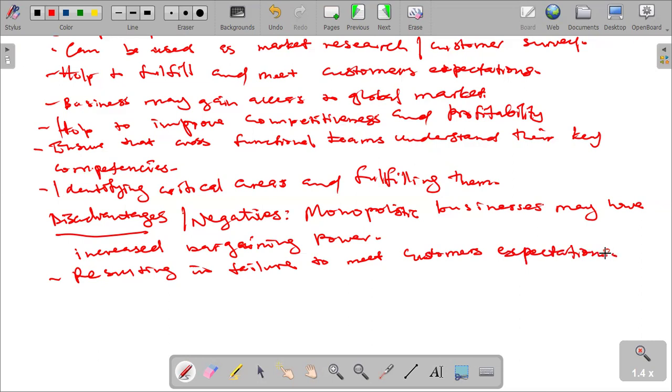Being monopolistic, they no longer consider customers' feelings or issues. Hence, they will just focus on manipulation of customers, which can make the customer satisfaction motive, the reason for business existence, difficult.